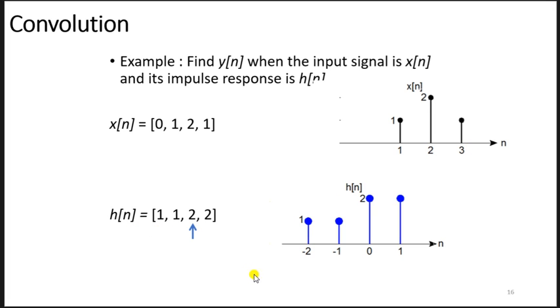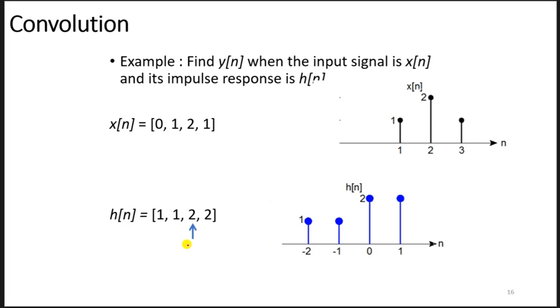Hn pula, pada n kosong dia adalah 2 sebab tu ada arrow dekat sini ya. So ini adalah 2 2. Okay, so ini adalah 1 1. So you have 1 1 2 2. So arrow dekat bawah n equals to 0. Okay. So saya ni tuliskan.